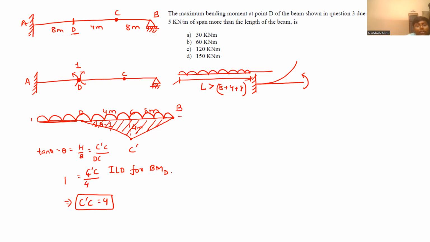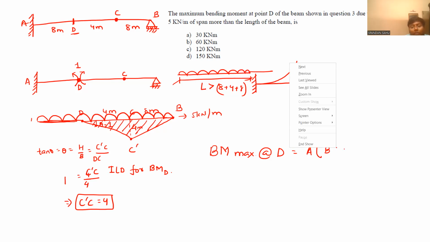This is 5 kilonewton per meter. So let us calculate the maximum bending moment at D. What will be the area of triangle BCD? Half into base into height.